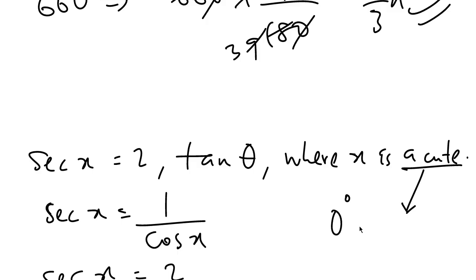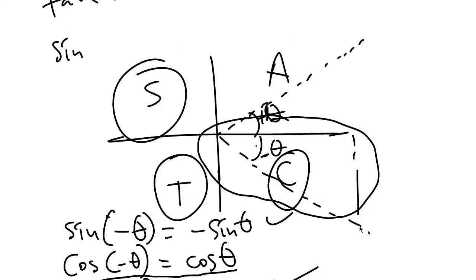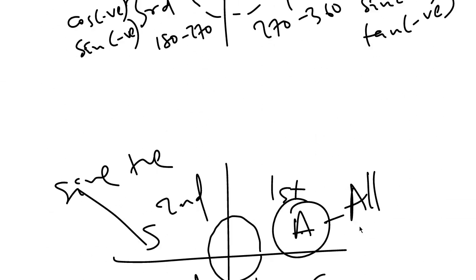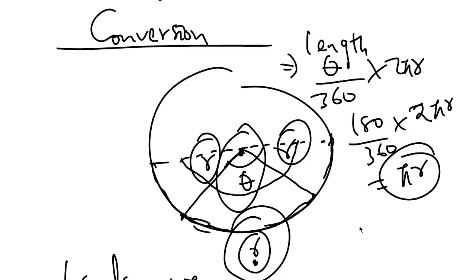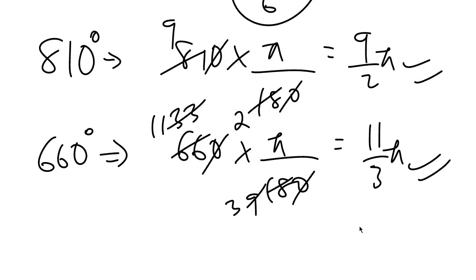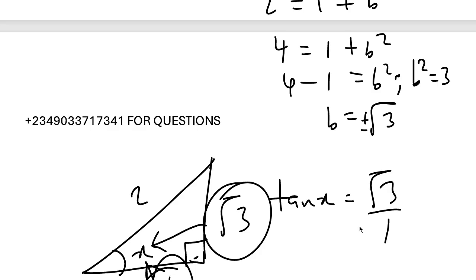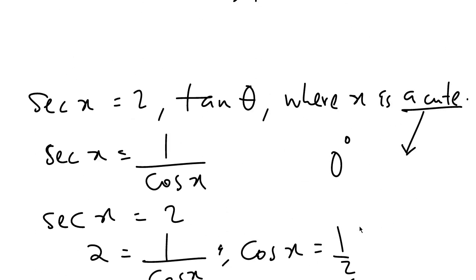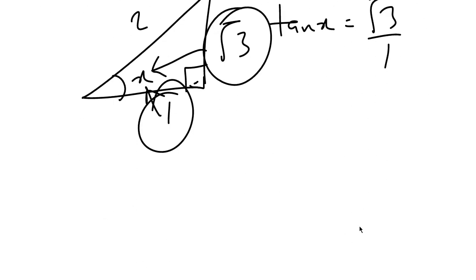With what I've said earlier, if it lies between 0 and 90, all are positive. So we have the right to say that tan x is equal to root 3. Because if x is acute, it lies between 0 and 90, and between 0 and 90, all the basic trig ratios are positive.